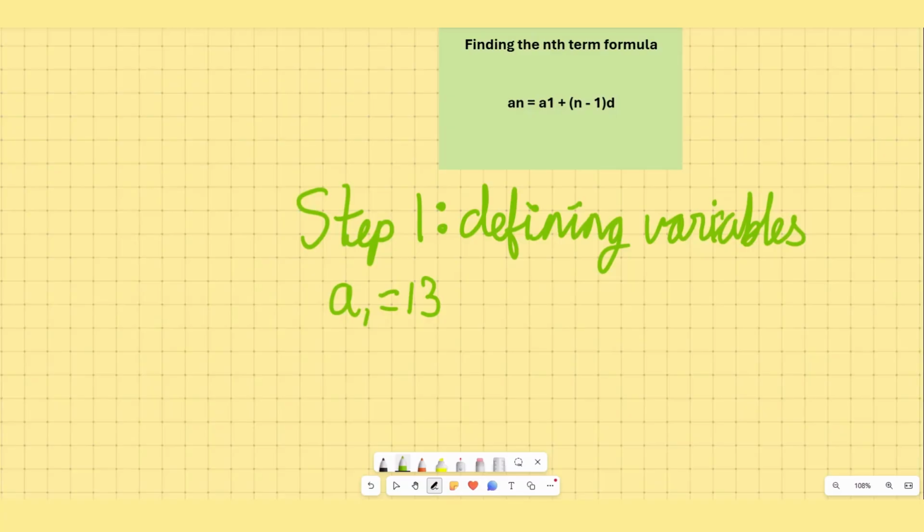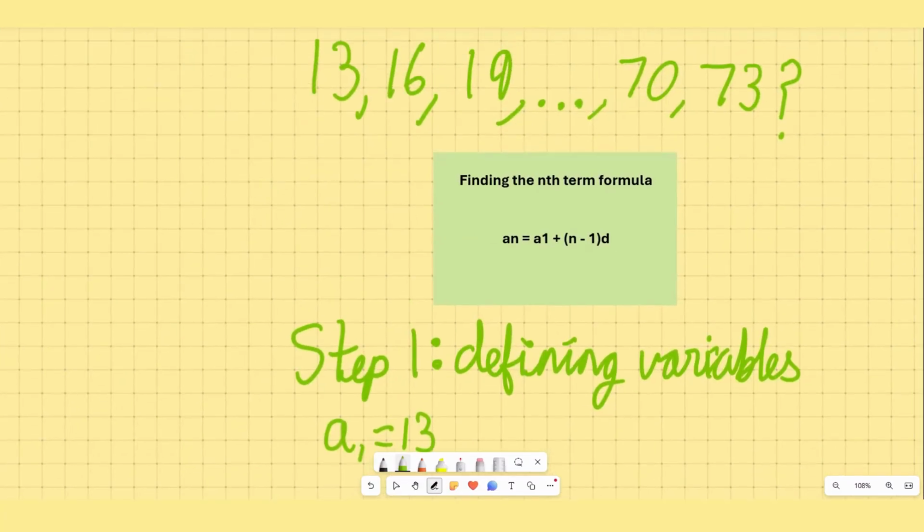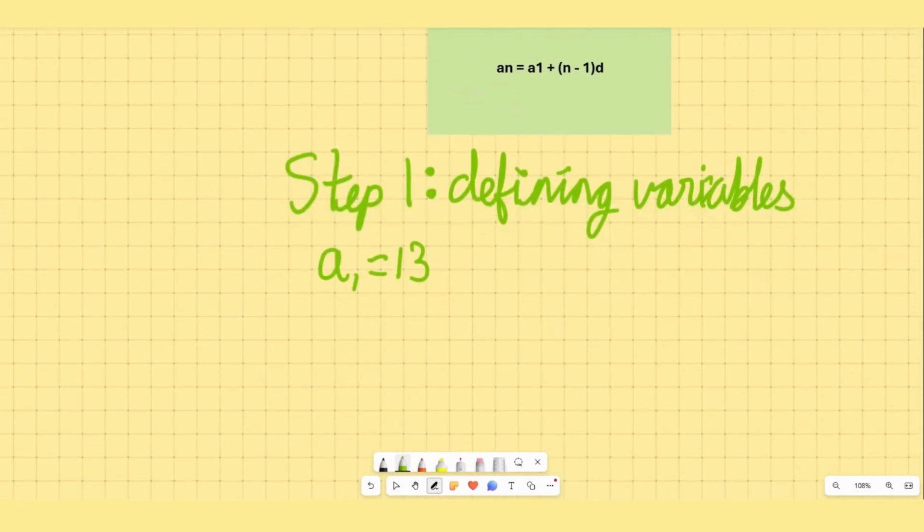What would be n? Clearly, we don't have it here because we're trying to solve for n. So n is the unknown value here. But we do know what a sub n is. A sub n is 73. Think of it like 73 would be the nth term in the sequence. So we have a sub n, but we don't have n, and we're using a sub n to solve for n.